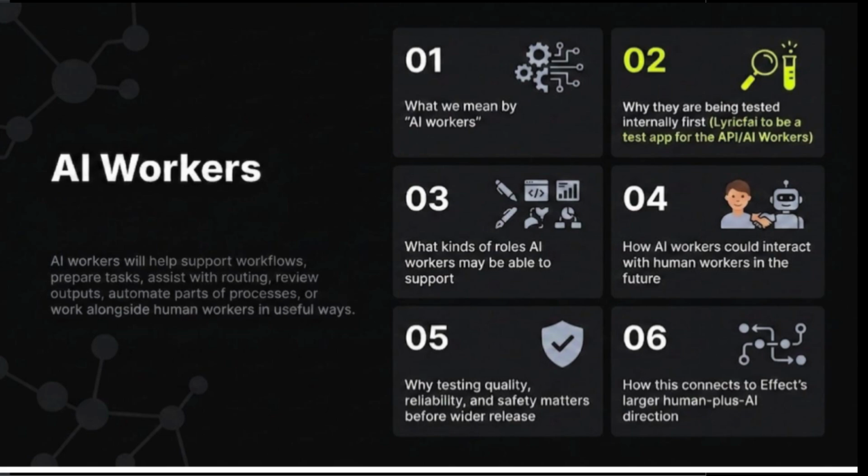So obviously, Effect is a human work platform. We provide human intelligence and human input into data sets, and we give any project access to human intelligence, which as it stands now is becoming incredibly important.